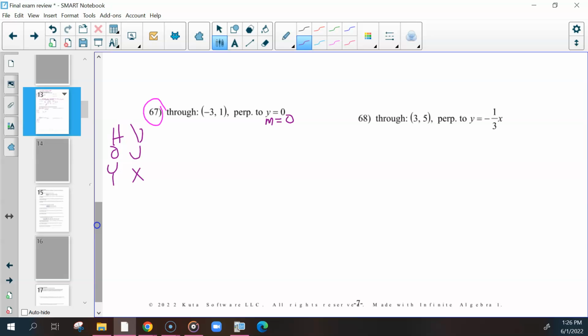But it needs to be perpendicular to that, so it has to be the opposite. So if it's perpendicular to 0, the opposite of that would be undefined. Our new slope that we're working with is now undefined, so there has to be an x equals, so we have to look at our value of x and write that as our equation.